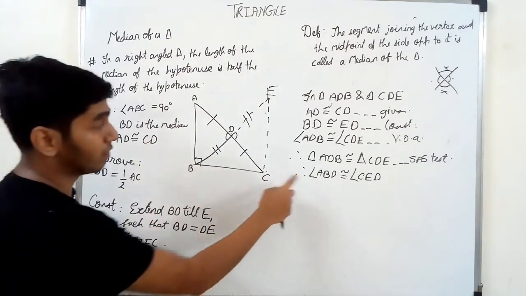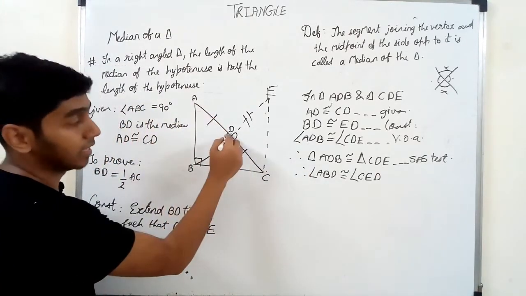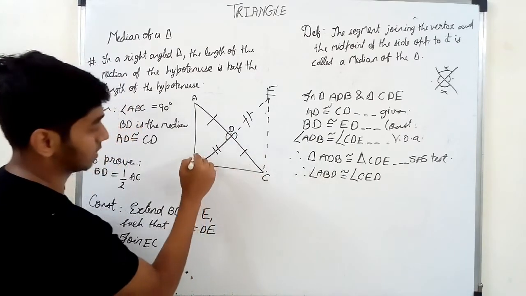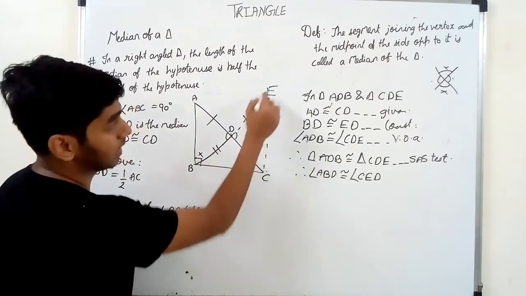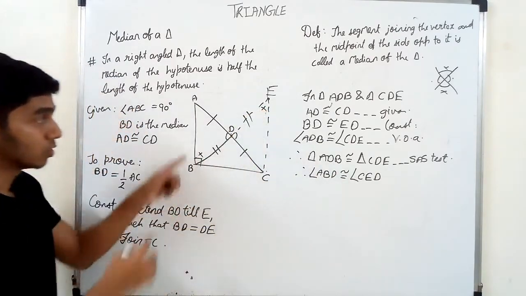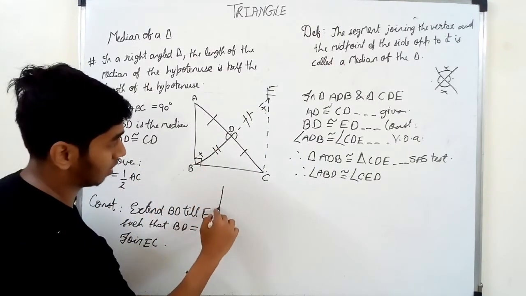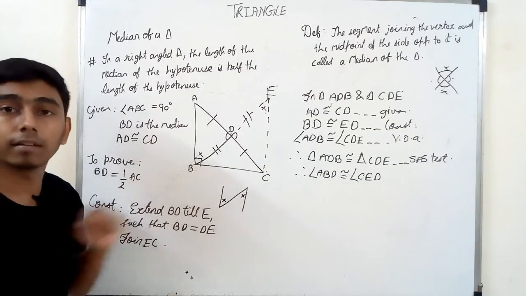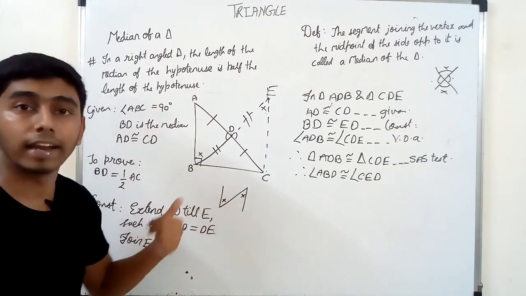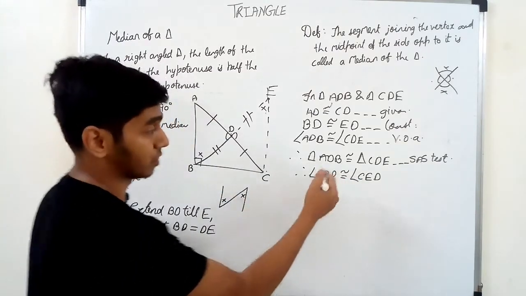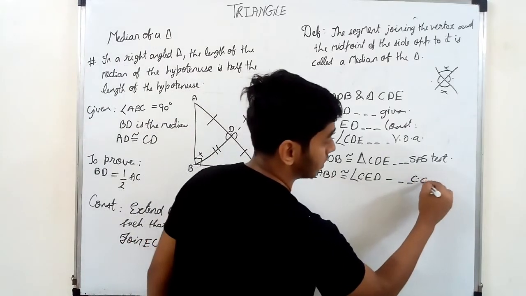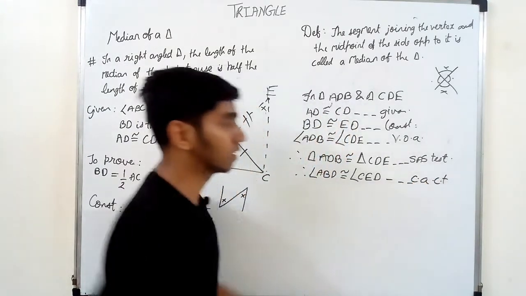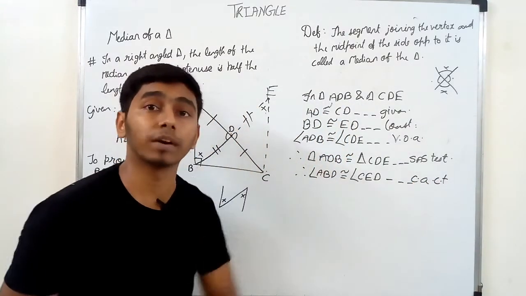So ABD, which is this angle, and CED, which is this angle, they are forming what? Z. Yes or no? So what are they? Alternate angles. The reason for this is CACD, corresponding angles of congruent triangles.